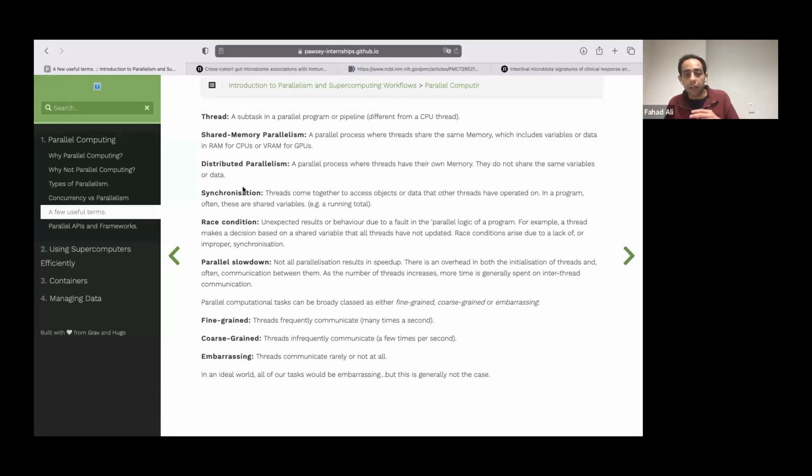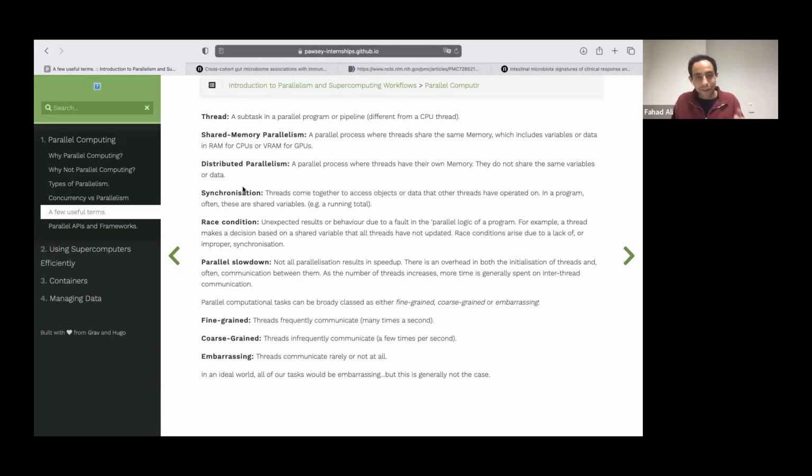If you have a thread that needs to make a decision based on a shared variable, but other threads are also acting upon that shared variable and they haven't finished, then you're going to get some weird things happening.